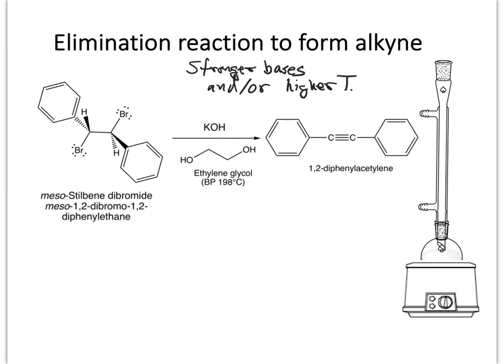If you note, we've got a pi bond, a sigma bond, a pi bond, a sigma bond, and so on. So in our product, the carbon-carbon triple bond is conjugated with other pi bonds.